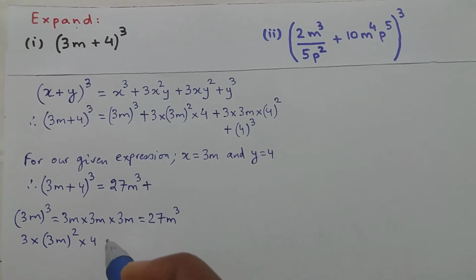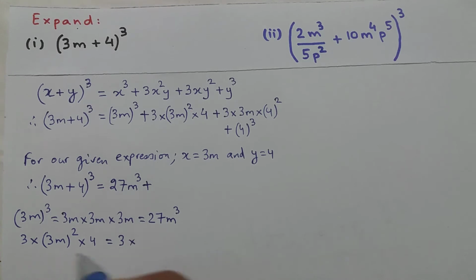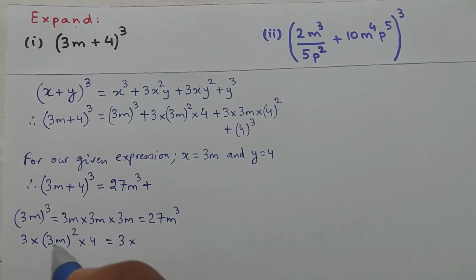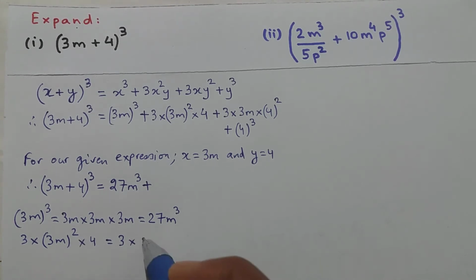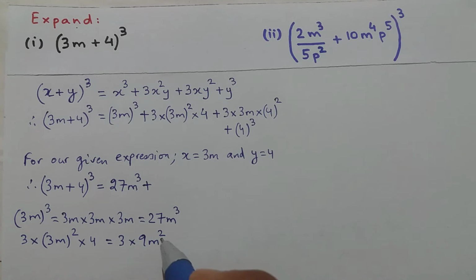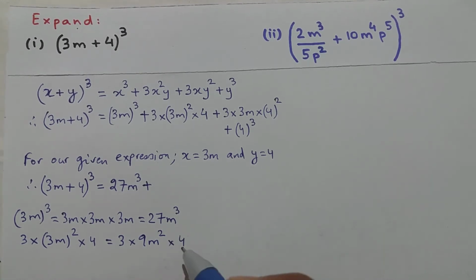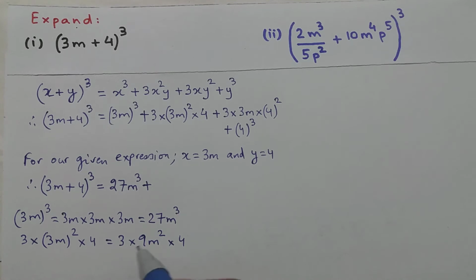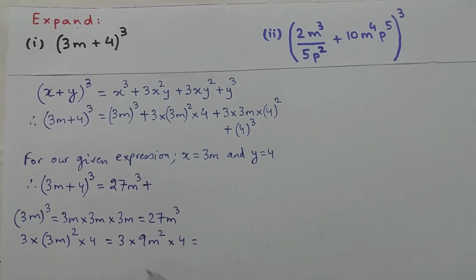So what is this? So that is equal to 3 into, now (3m) whole square is 9m square, into 4. So it becomes 3 into 9m square into 4. And what is that?